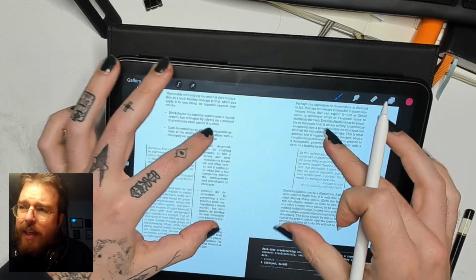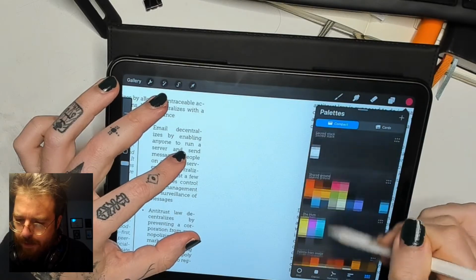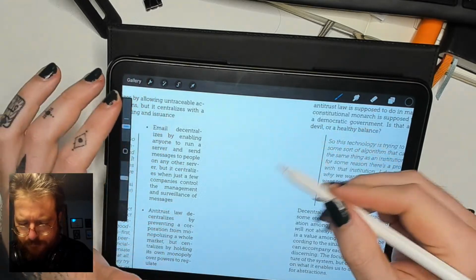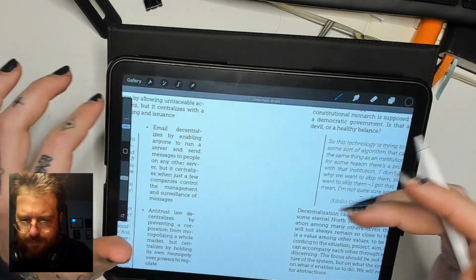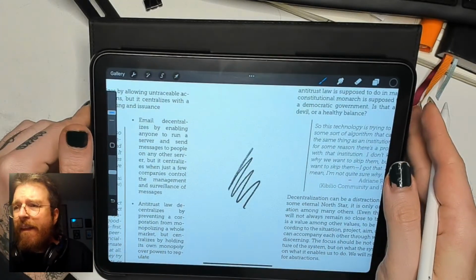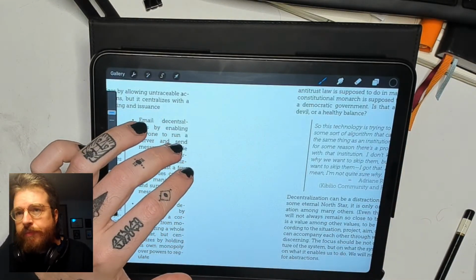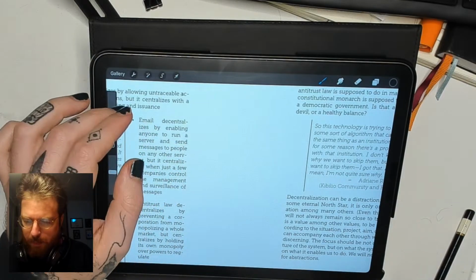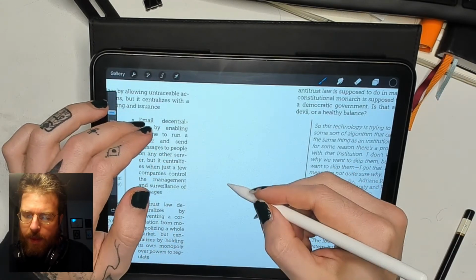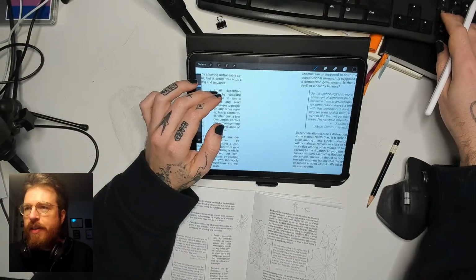So let's come in here and start to play around with actually putting that down. Yeah, there we go. We'll have a bigger one if we need it. That's pretty good. Yeah, okay.